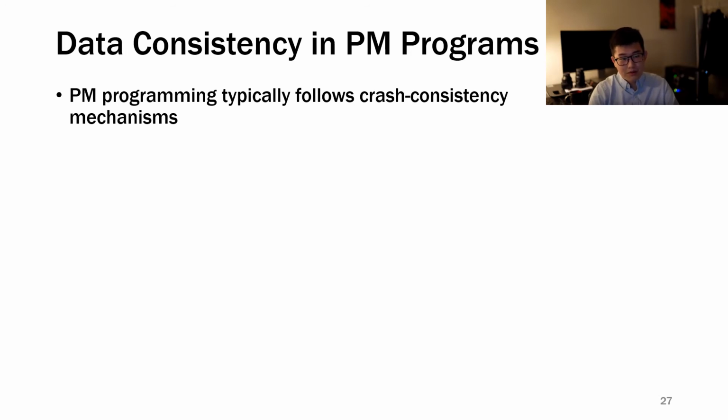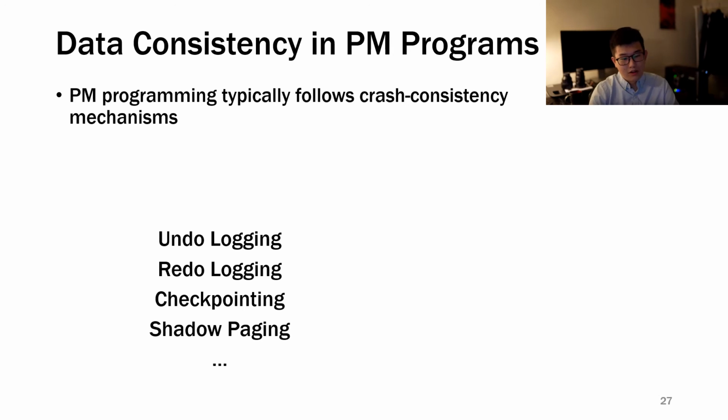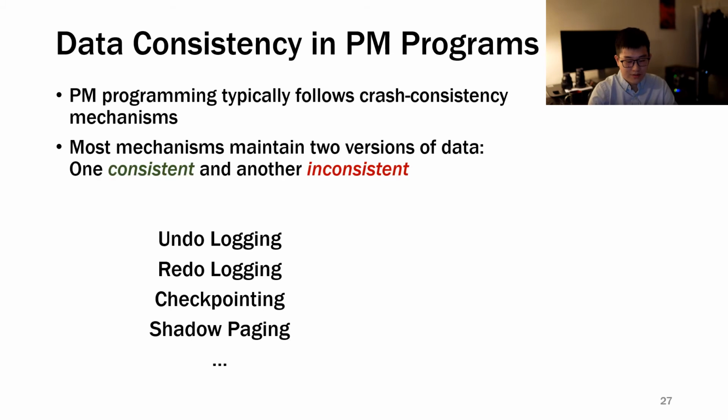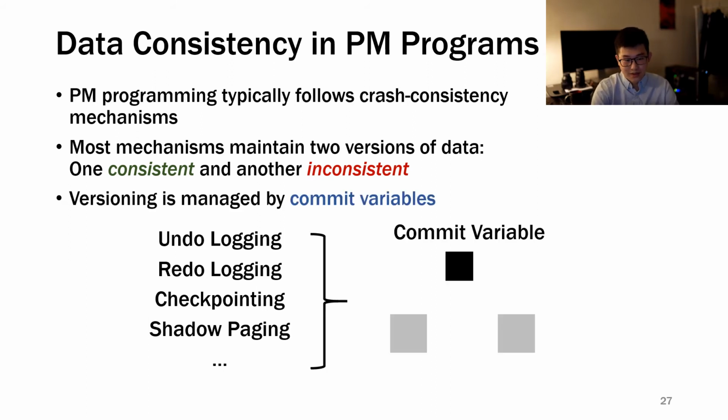Persistent memory programming typically follows crash consistency mechanisms. For example, undo logging that we used in the first example, or redo logging, which is used by internal PMDK, for example. And also there are other things such as checkpointing, shadow paging, etc. Most mechanisms maintain two versions of data. One version is regarded as consistent, and the other version is regarded as inconsistent because it is under update.